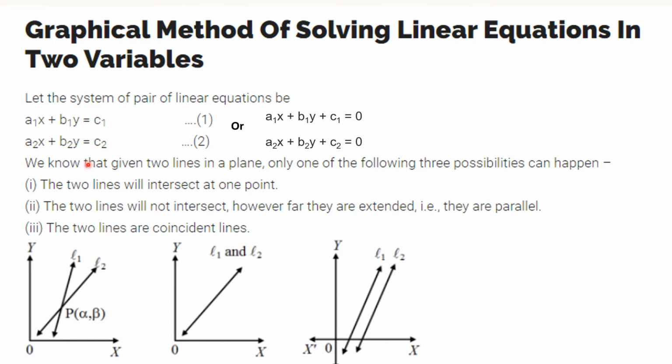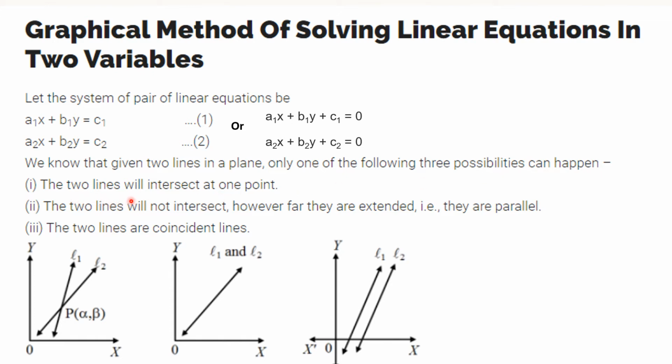Geometrically, given two lines in a plane, only one of the following three possibilities can happen. We have two linear equations in two variables, meaning two straight lines. If we want to represent such lines geometrically, three possibilities can happen.